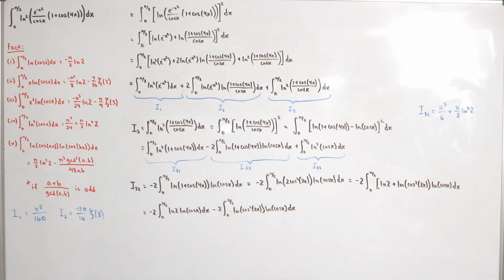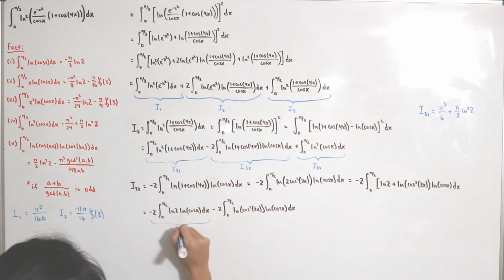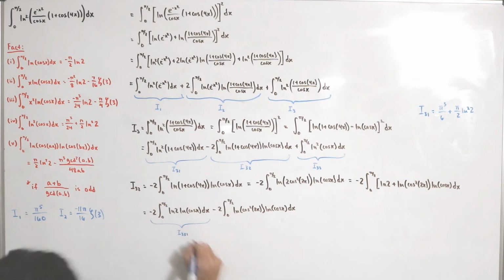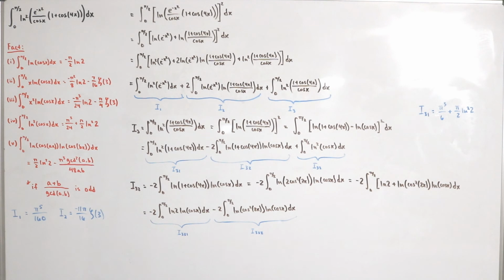Okay, and then I'll just label these as two integrals. So this is our I sub 3, 2, 1, and then over here is our I sub 3, 2, 2. Okay, so now we have to calculate those.